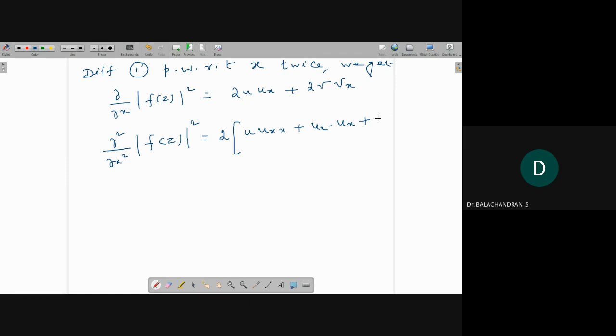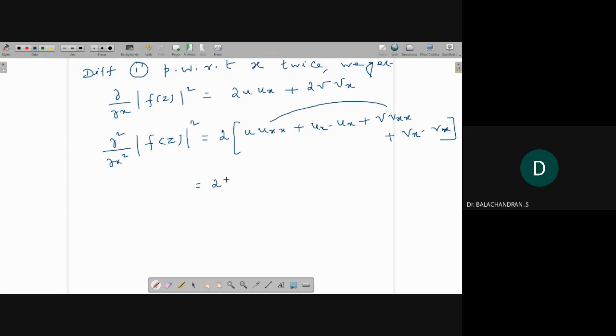Similarly, v into vxx plus vx into vx. So I took 2 common. Now you can write like this.